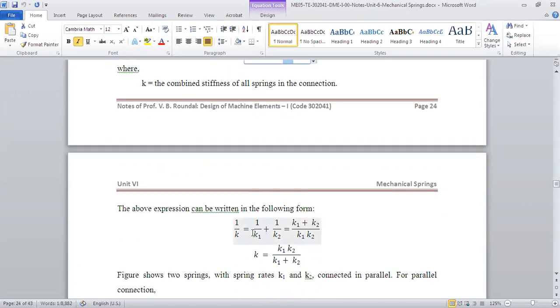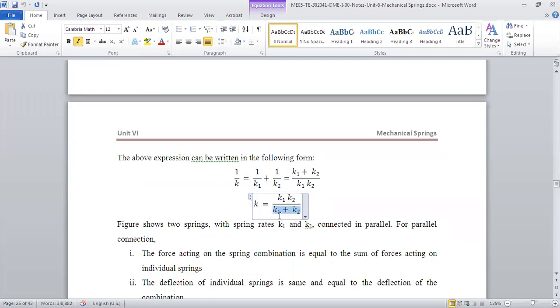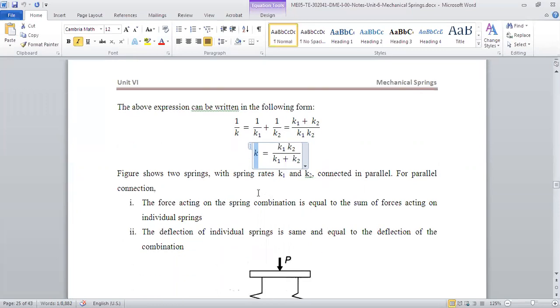If there are only two springs, then 1 upon K is equal to 1 upon K1 plus 1 upon K2, or K is equal to K1 K2 upon K1 plus K2. So this is the resultant stiffness for springs in series, when the stiffnesses are K1 and K2.